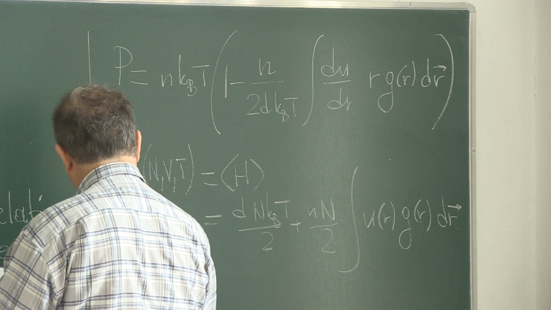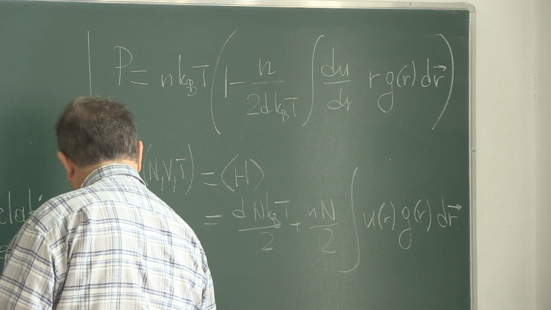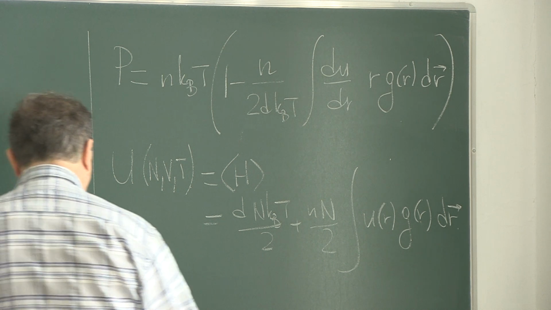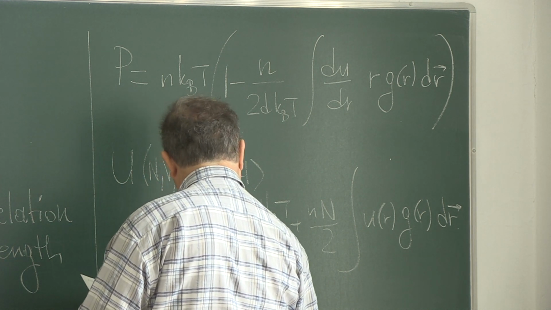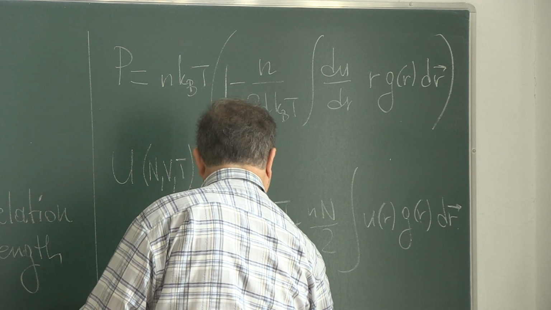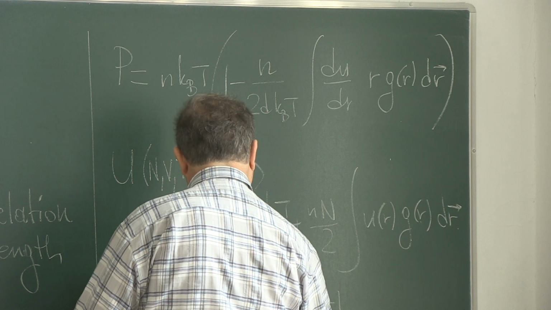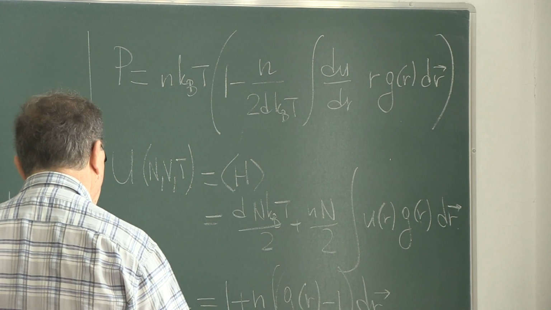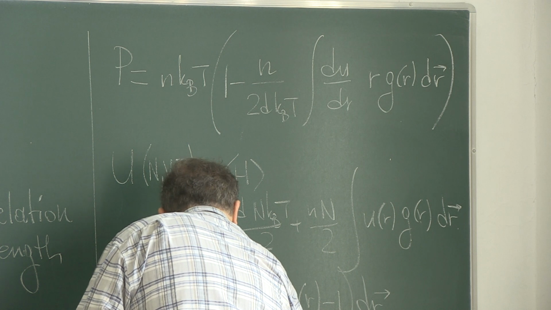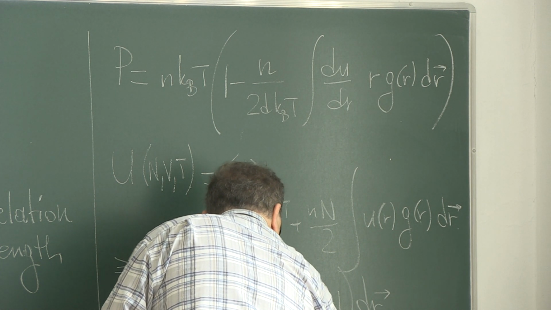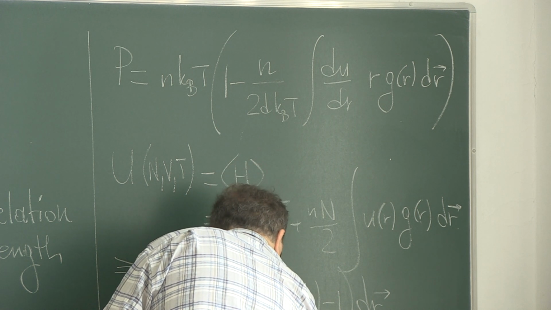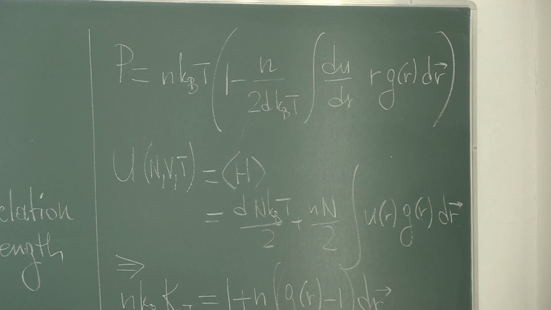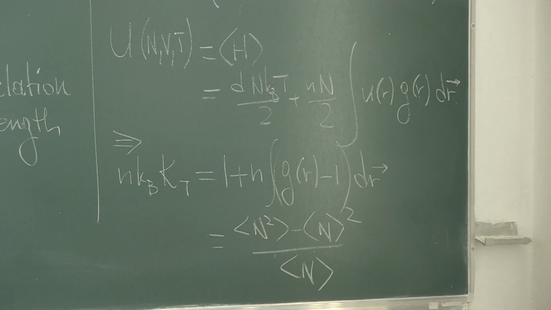This gives a relationship, it's extremely important, something like this, n kB T kappa, the compressibility, in terms of G. This is another important relation, integral of G minus 1 dr, and that is related to the average of N squared minus the average N, squared, over the average N. This is the compressibility equation of state.